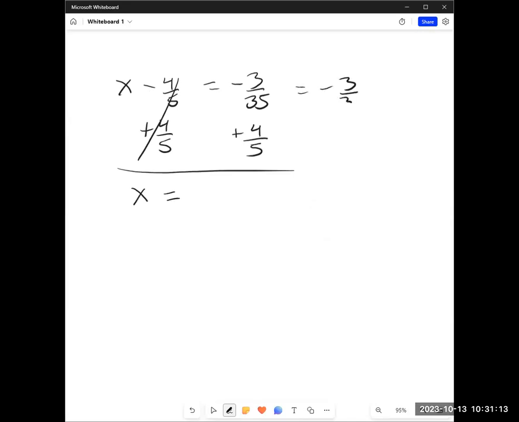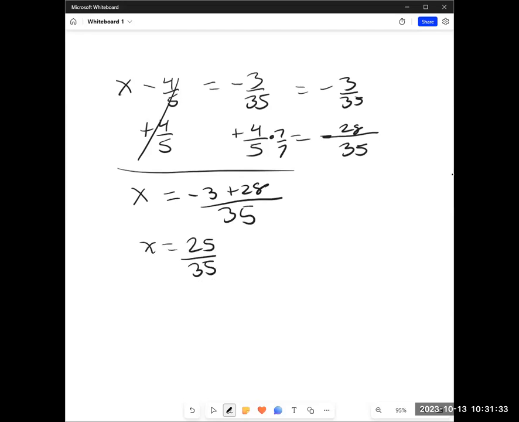So this is -3/35, and this is 28/35. So this is going to be -3 plus 28 over 35, which is 25/35. This is 5 times 5, and this is 5 times 7. So my answer comes out to be 5/7.